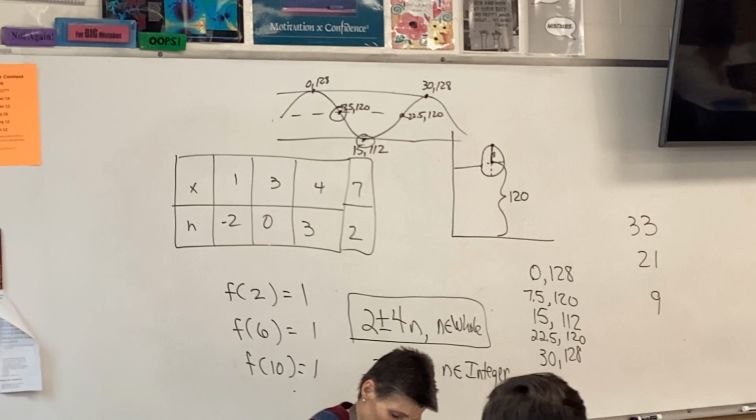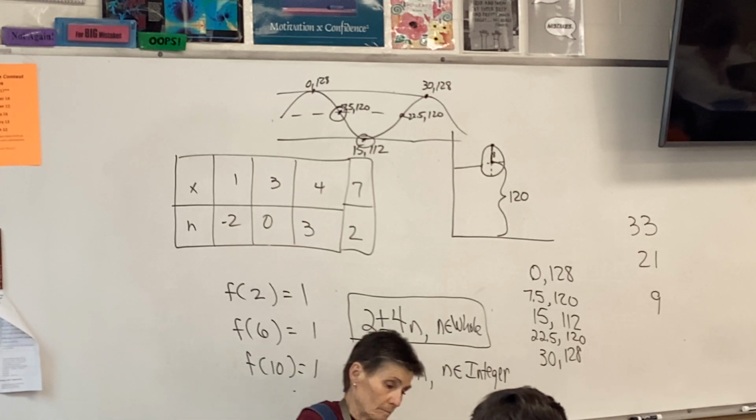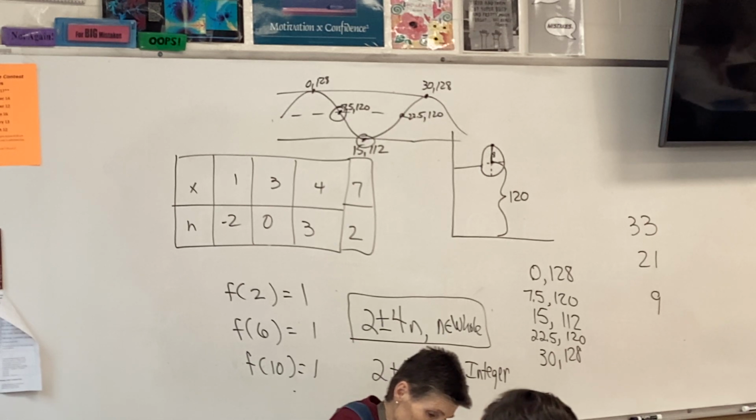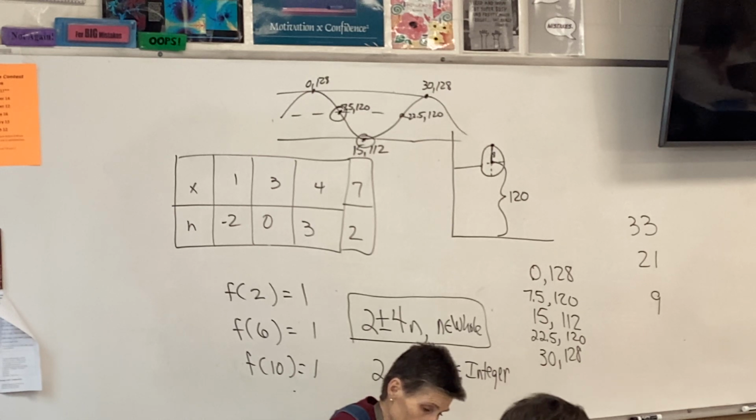Just pretend that the pis are 1s. It makes it a lot easier, because then it's like negative 2, negative 3 halves, negative 1, negative 1 half, negative 1, negative 1 half.